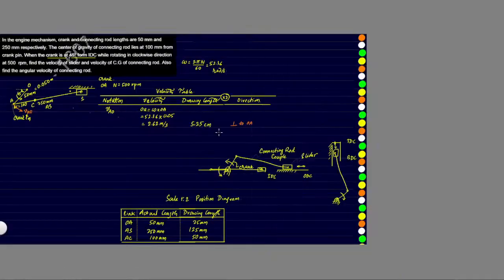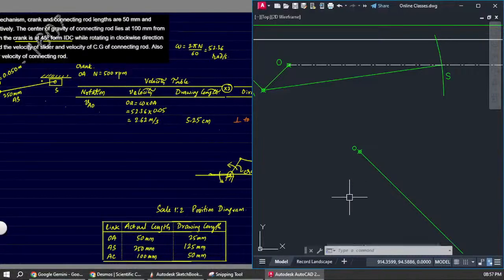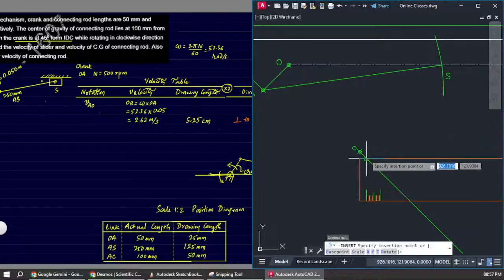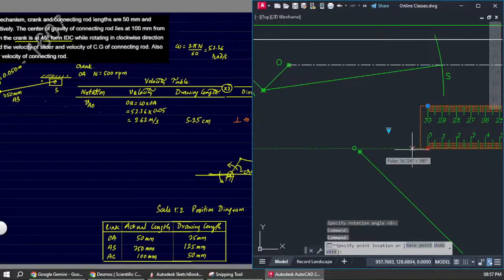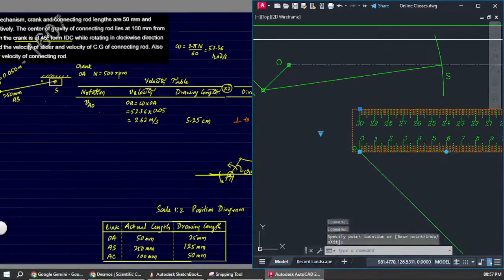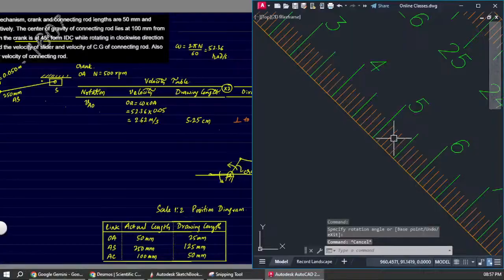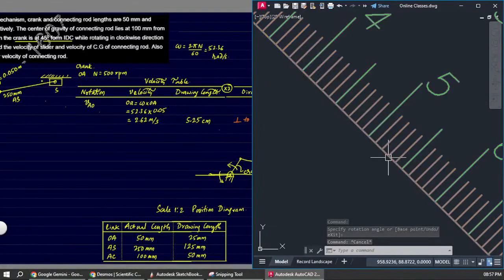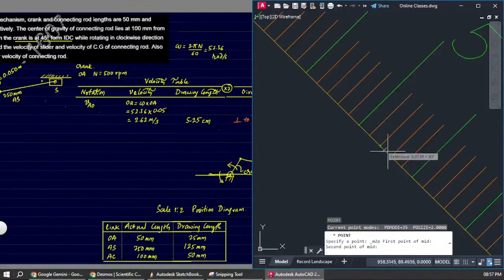Now the length that we have to draw is 5.25. So let us take back our scale. First we will keep this point over here, and rotate it like this, and we need a length of 5.25. 5.2 is here, 5.3 is here, 5.25 will be exactly in the middle of these 2 points.